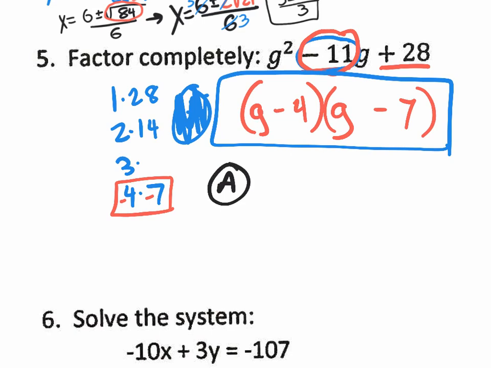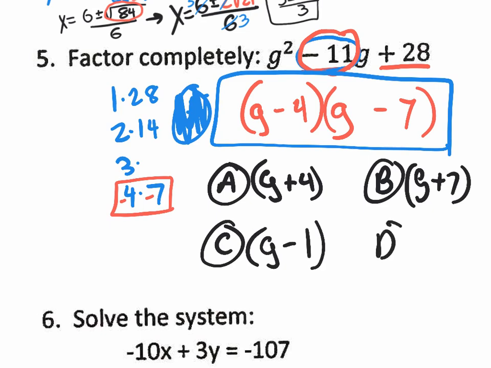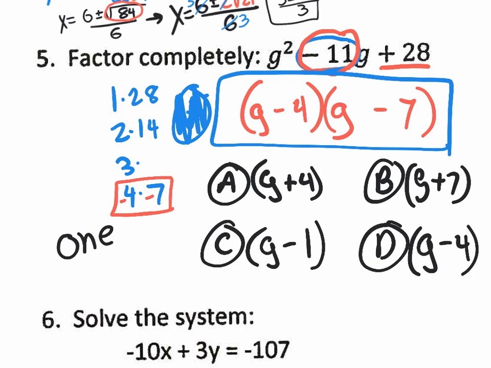So they're going to give you something like this: g plus 4. Option B, g plus 7. Option C, let's say g minus 1. Or option D, g minus 4. So what would the correct answer be if they're asking for one of the factors? This is how they're going to ask it on the test.